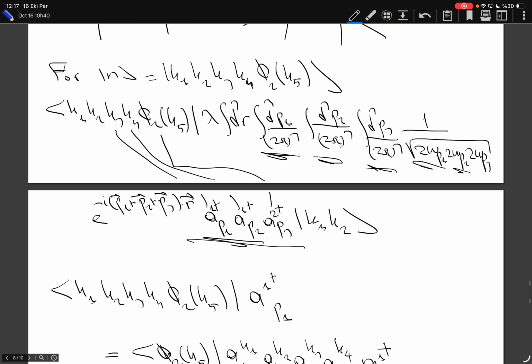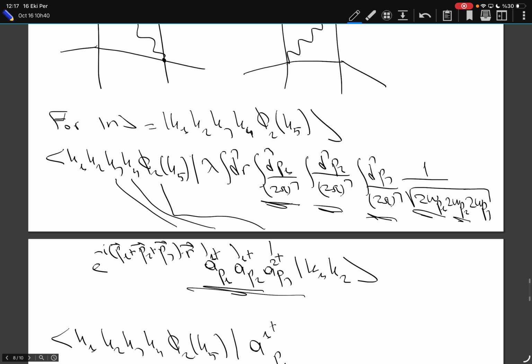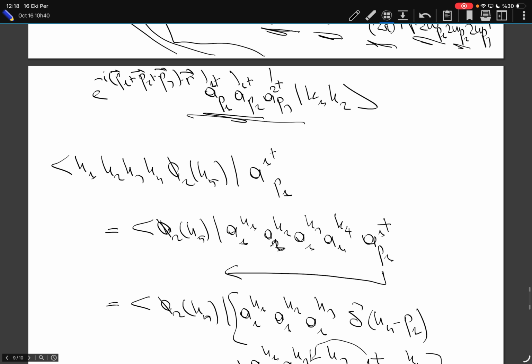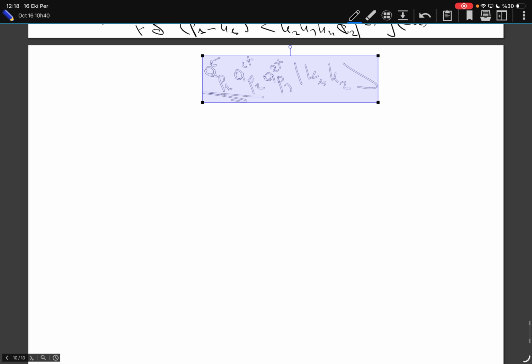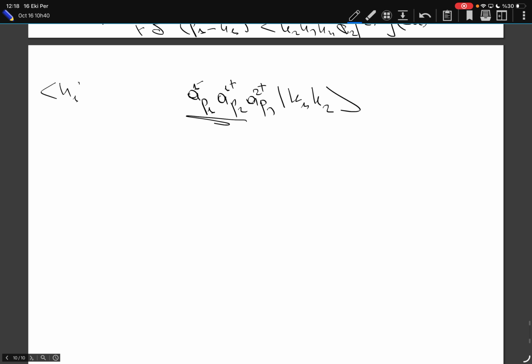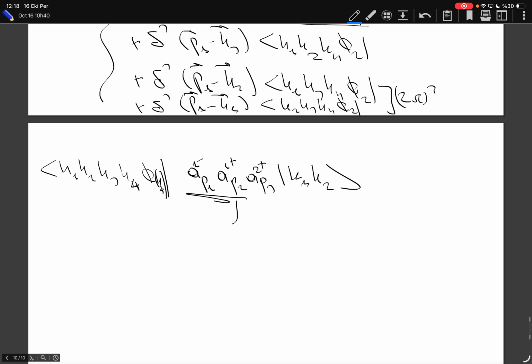But, well, let me write it out. This should definitely be contracted with this one. It doesn't have any other option. I have terms like this one. This is one possibility.